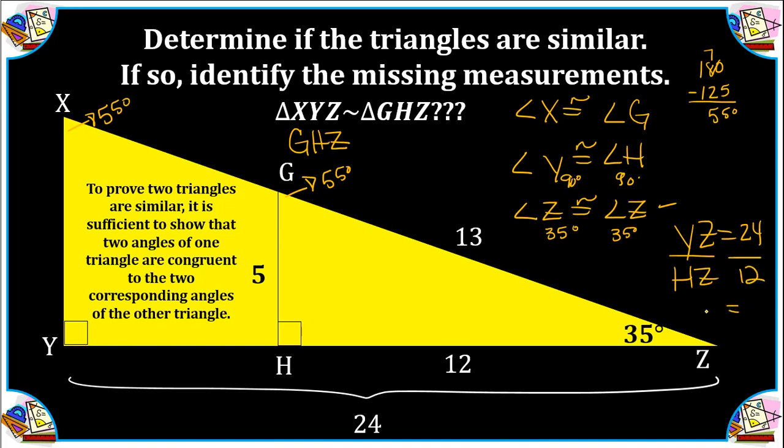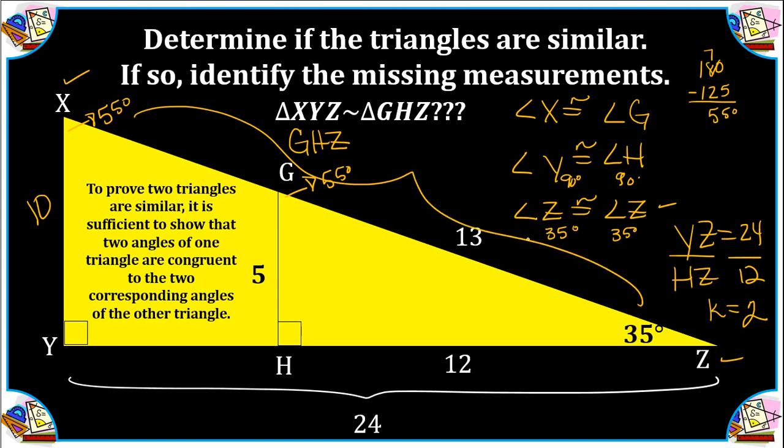So our scale factor is 2. So that means that GH corresponds to YX. So therefore, YX is 10. We can see that GZ is 13 and it corresponds to XZ. So XZ is 26.